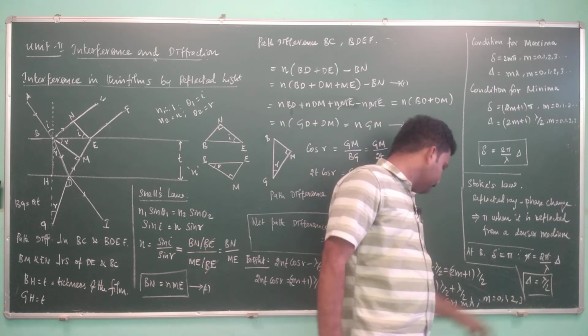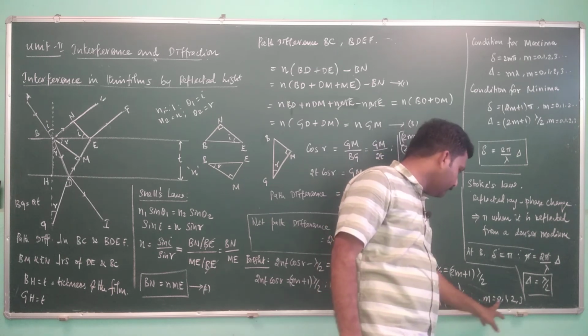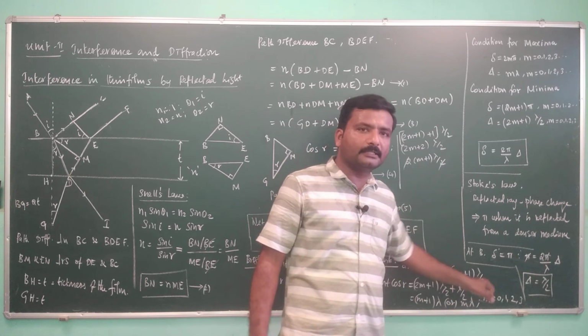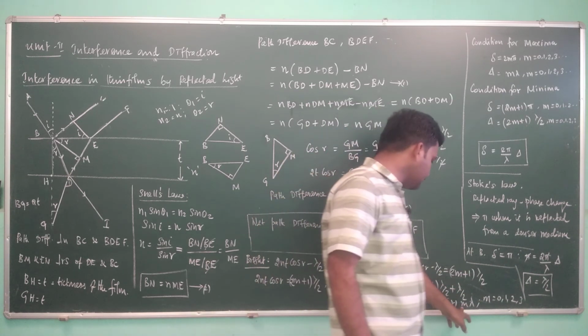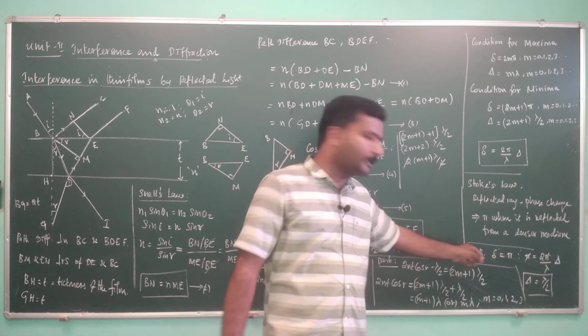If you apply m from 0 to 3, you will get lambda, 2 lambda, 3 lambda, 4 lambda. If it is m lambda, we will get 0 lambda, 1 lambda, 2 lambda, 3 lambda.